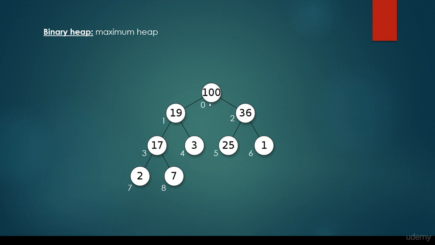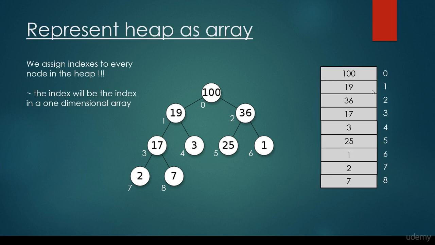That's why we are able to assign the array indices from left to right on a line-by-line basis. Then we just have to construct this array, and the 0 index is going to be the 100. The left child is going to be the 19 with index 1. Then 36 is the right child with index 2, and so on.